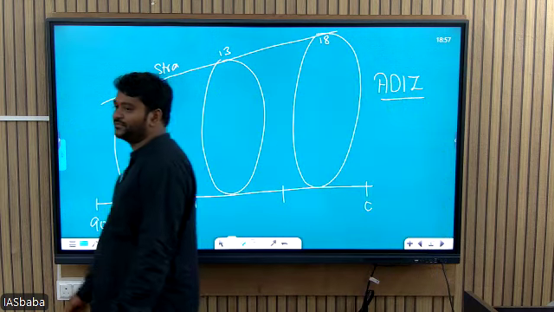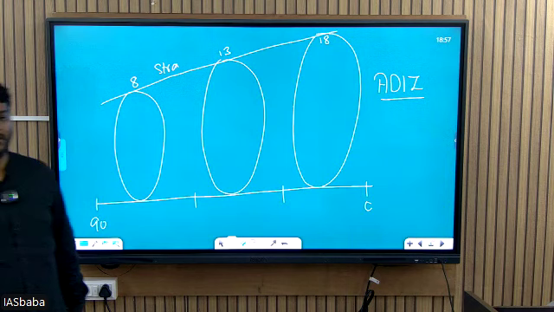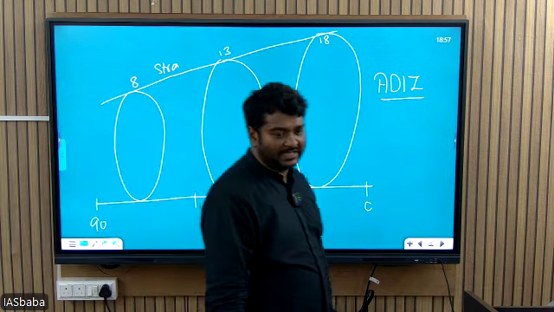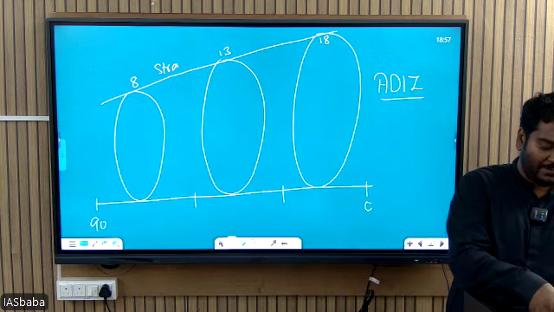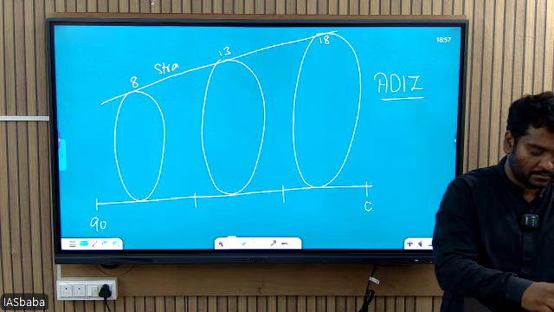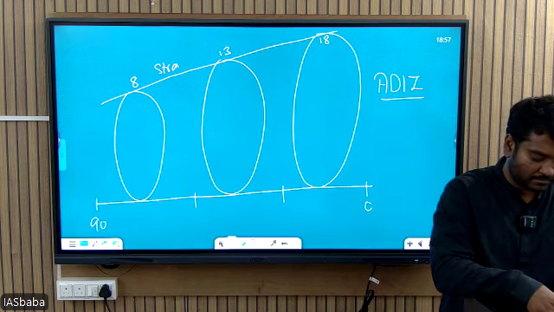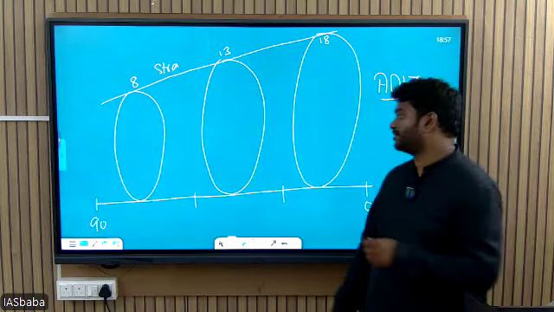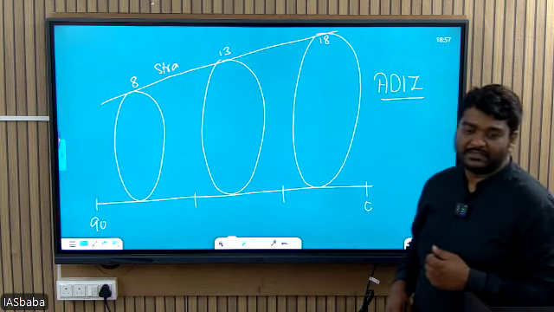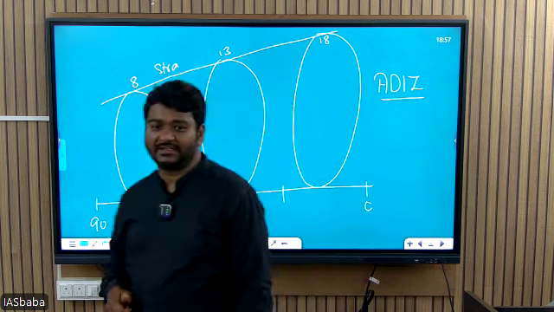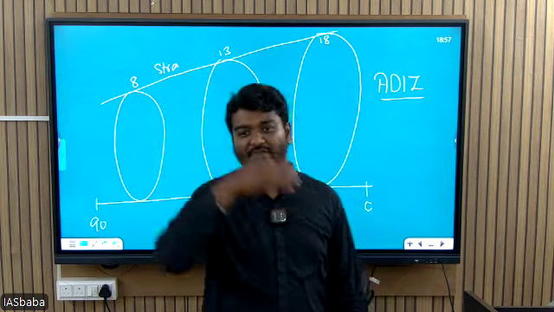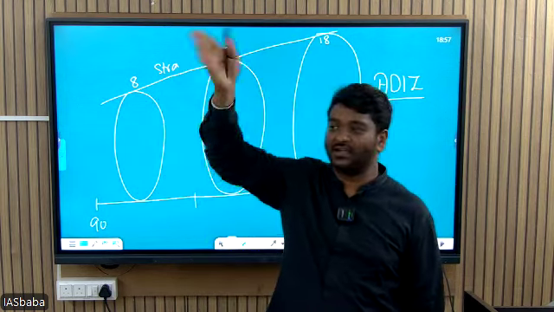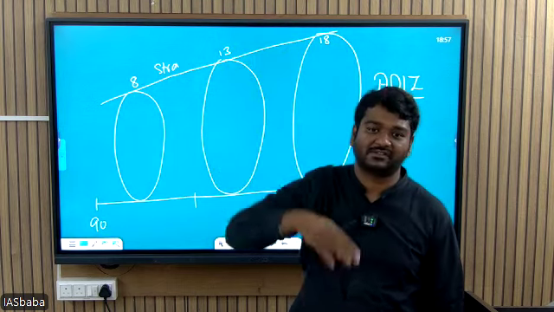In oceans, ADIZ will be till territorial waters. India has six ADIZ. North, northwest, northeast, Bangladesh, coast, like that they have demarcated six.